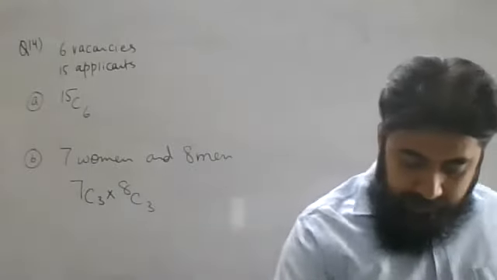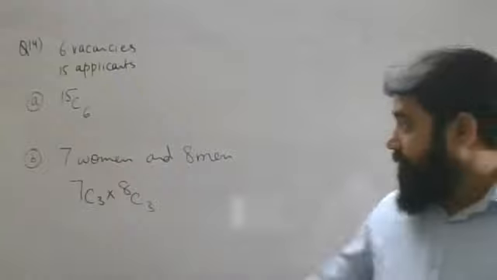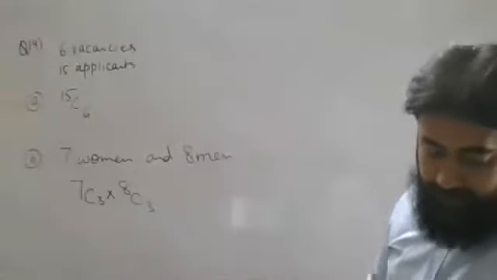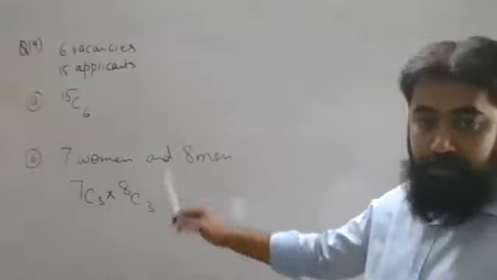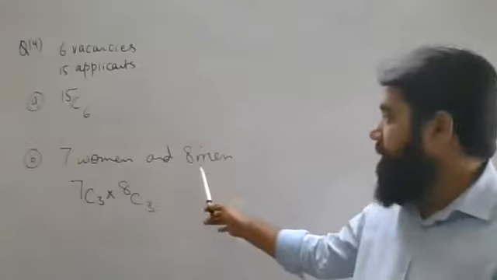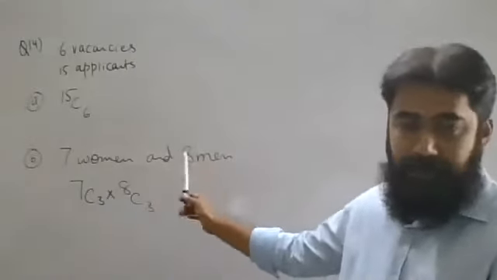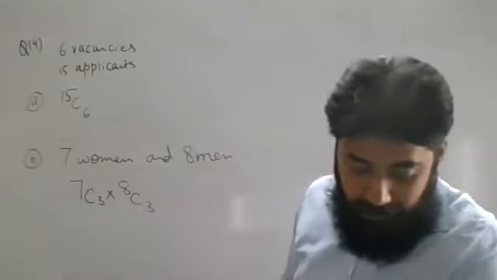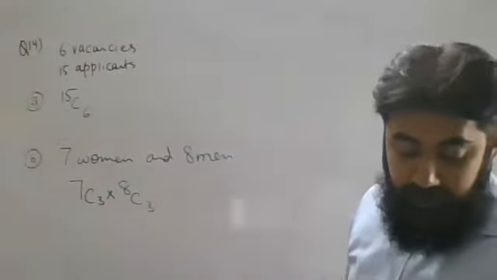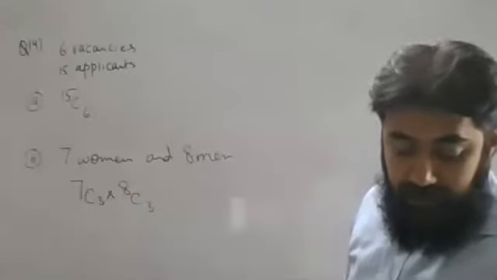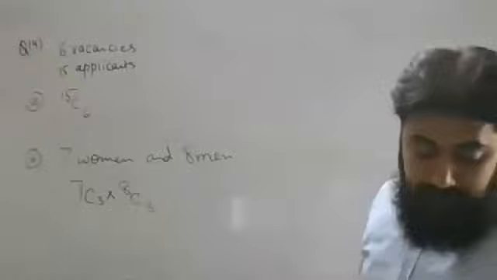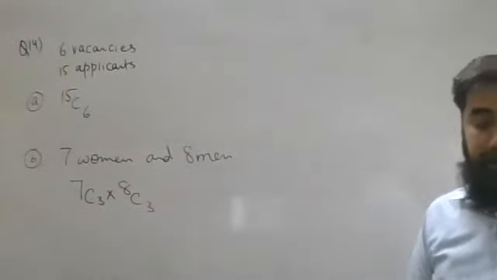Now, for the next one, they are saying one of the 7 women is the wife of one of the 8 men. So we have got a couple, one woman from here and one man from here are husband and wife. Calculate the number of ways in which 3 men and 3 women could fill these vacancies, given that both the husband and wife are appointed.